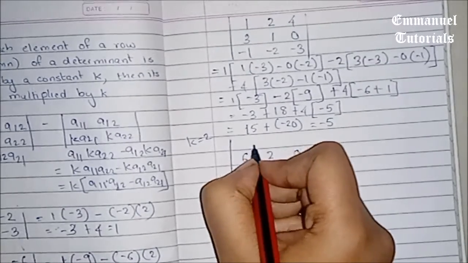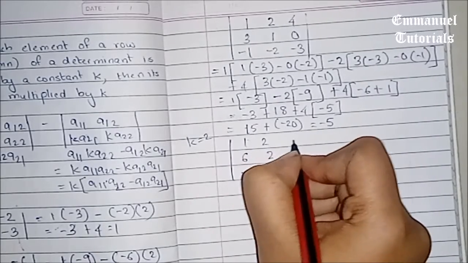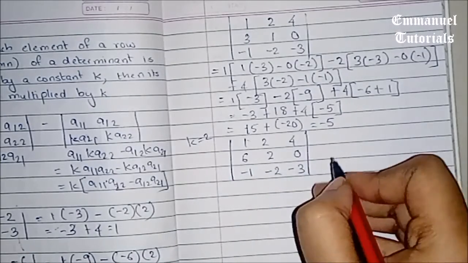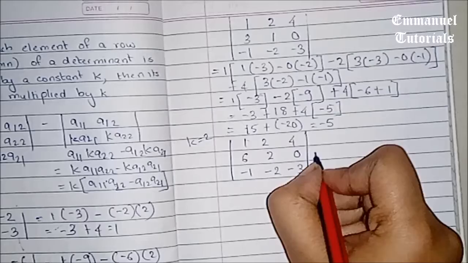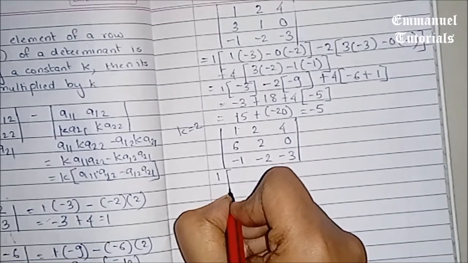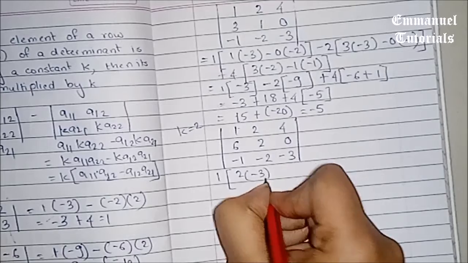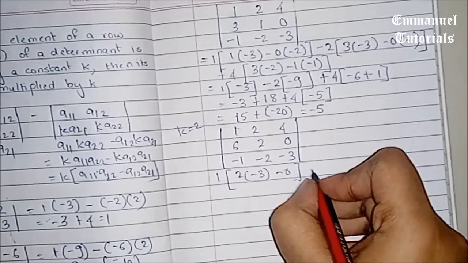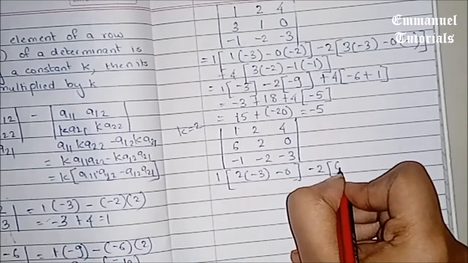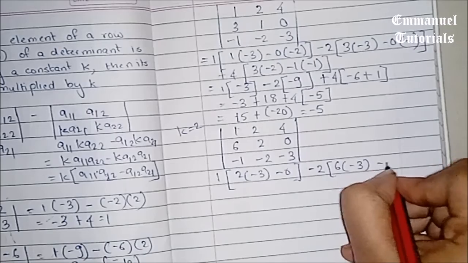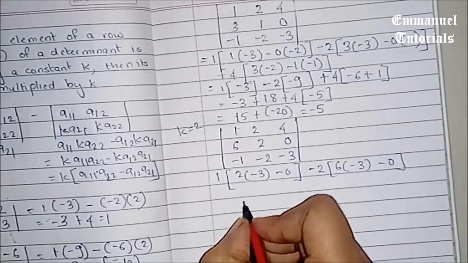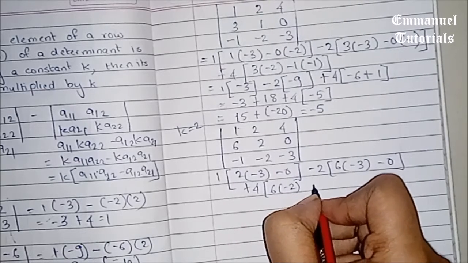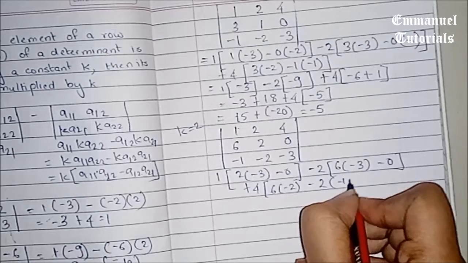So it will become 6, 2, 0. And we'll try to find out the determinant value: 1, 2, 4, 6, 2, 0, minus 1, minus 2, minus 3. Now the determinant value will be 1 into (2 into minus 3 minus 0), directly we'll write that because the multiplication is 0. Minus 2 into (6 into minus 3 minus 0), plus 4 into (6 into minus 2 minus 2 into minus 1).